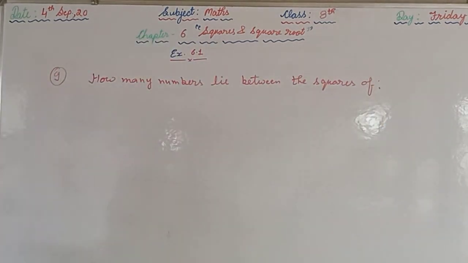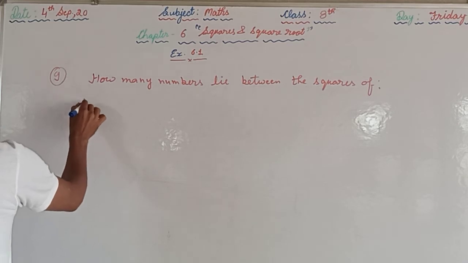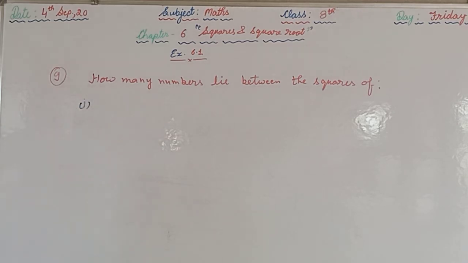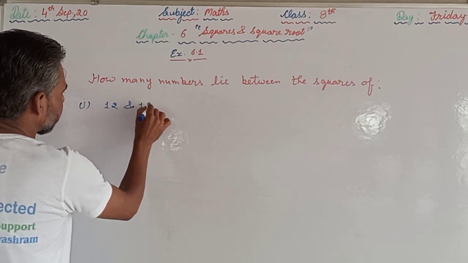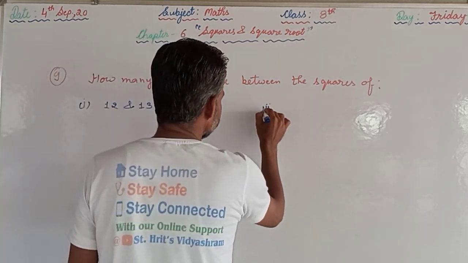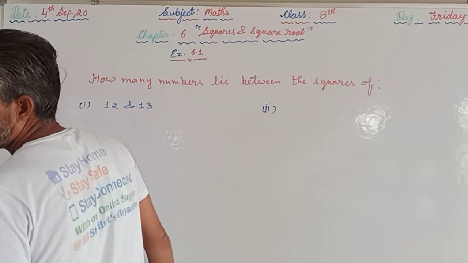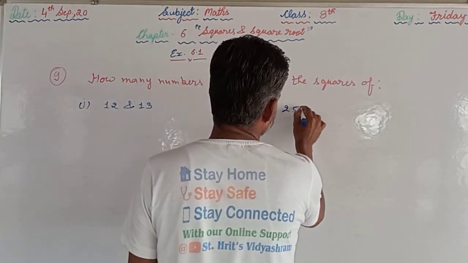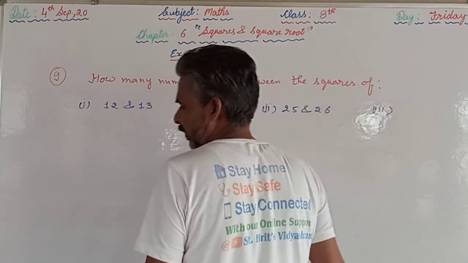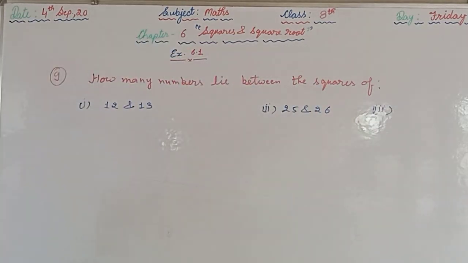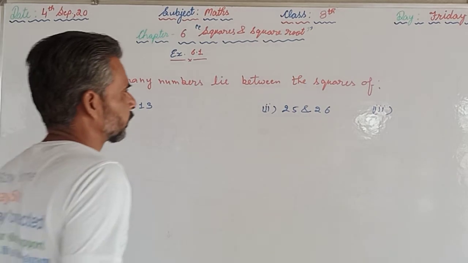Two parts are there. The first one is 12 and 13. The second part is 25 and 26, and the third part is also there, that is 99 and 100.